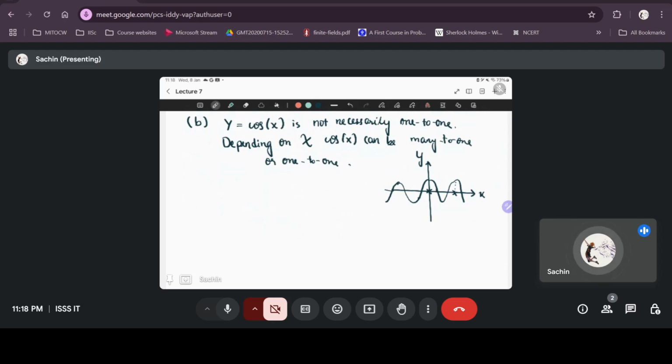So the probability that y is equal to 1 would be equal to the sum of the probability that x takes the value 0 plus the probability that x takes the value 2 pi. So p of y is greater than or equal to p of x in both cases, which would mean that h of y is actually less than h of x.